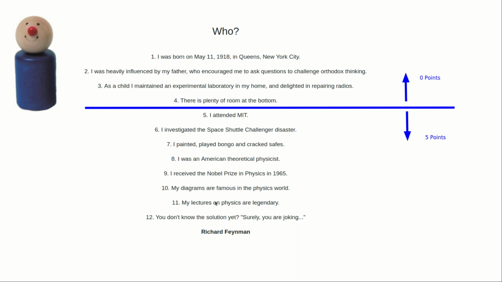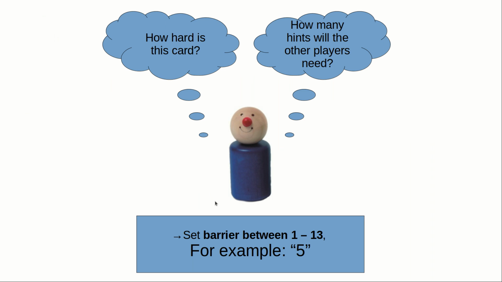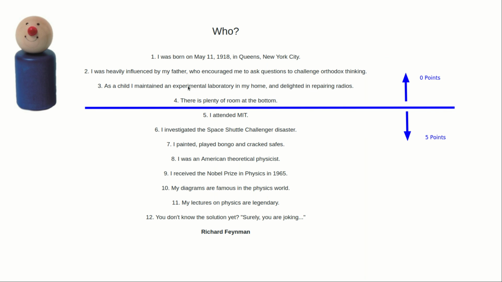So I said between 1 and 13, so I will make clear to you the cases on the edge. 1 means, as you can see here, 5 means before 5, and 1 means that the blue player is betting that the other players don't get the solution right before hint 1, which is quite a good bet because before hint 1 it's hard to get the solution right.